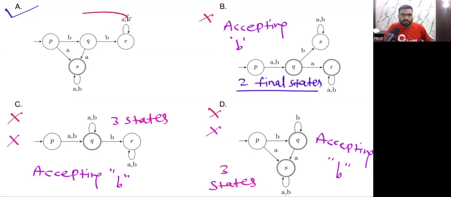Here also two final states, so this is gone too. The answer will be this one: we have one final state, and we are merging S comma T. This state is basically your state ST. This is the minimal DFA we will get. So the answer is option A. Is this point clear? Please tell me.